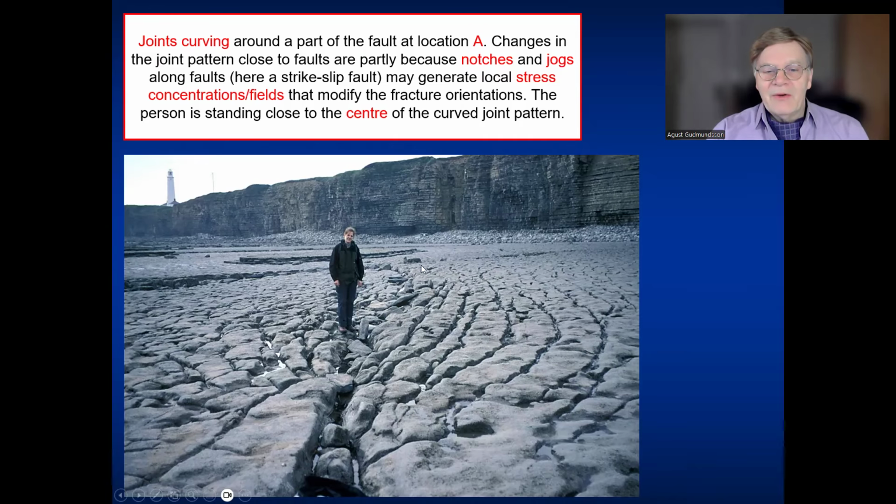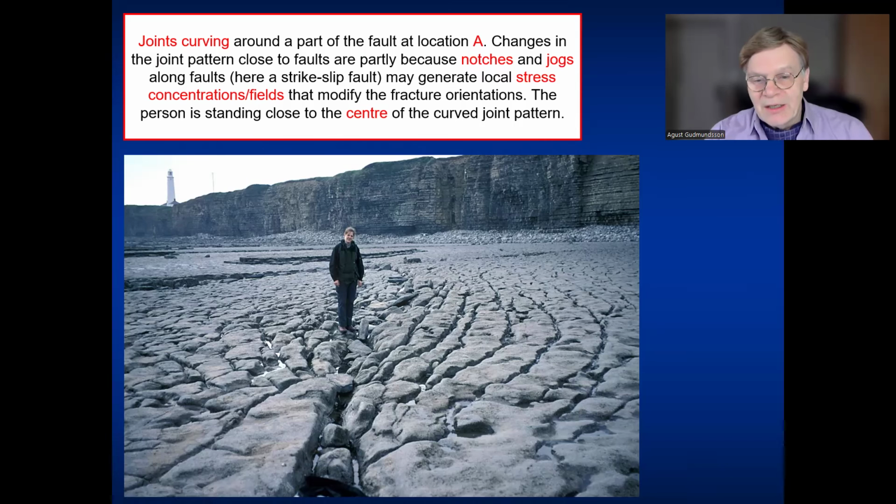The joints commonly curve around parts of the faults where there are notches and jogs, irregularities that were hindering the fault displacement for a while and concentrating stresses. These jogs and notches concentrate stresses and may lead to abrupt changes in the orientation of the joints around them, and sometimes result in beautifully curved joints, as we see here.